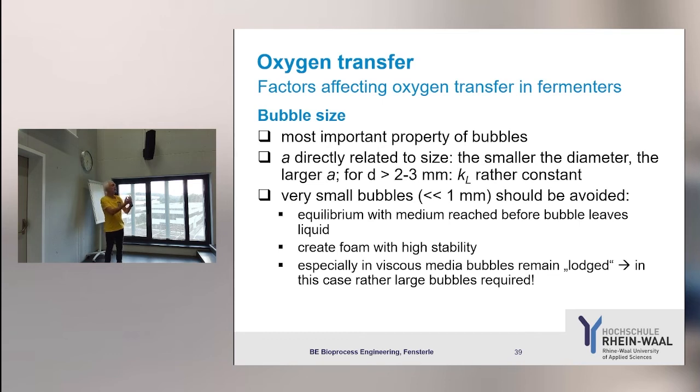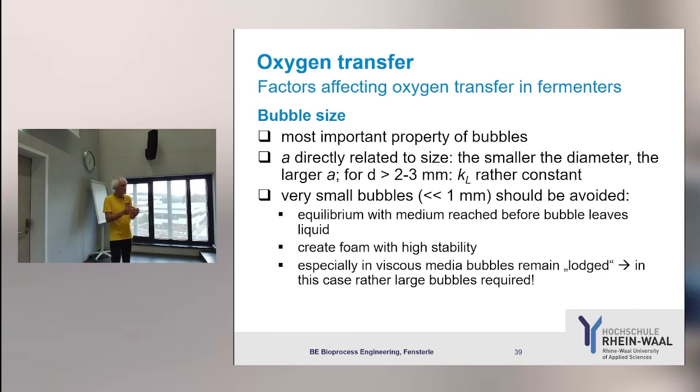Because it occupies also volume in the reactor. And if 90% of my bubbles have already finished with their transfer and stay in the reactor, this is of no use. So therefore, it makes no sense to go close to zero. It's an optimization problem rather.